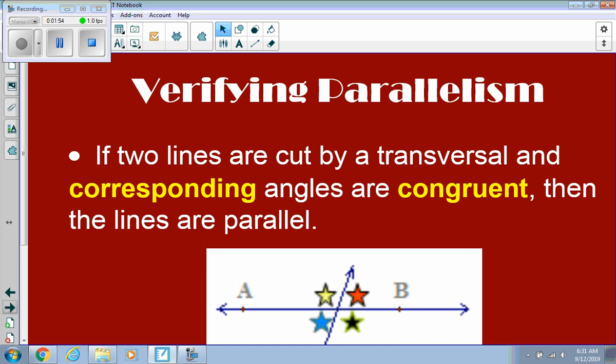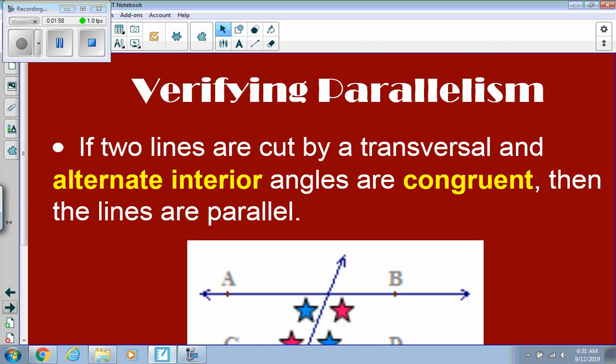The words in yellow are the ones that you're filling in on your notes. So if we find alternate interior angles when these two lines are cut by that transversal, and we find that they're congruent, then they're going to be parallel. If they're not congruent, then they're not parallel.